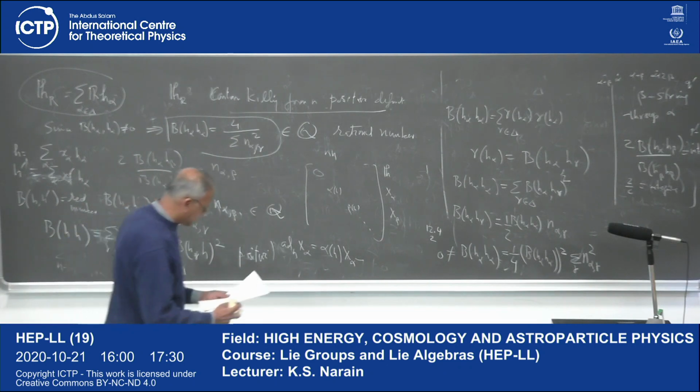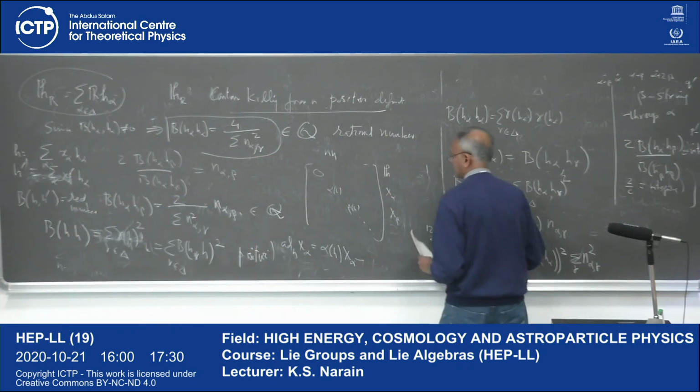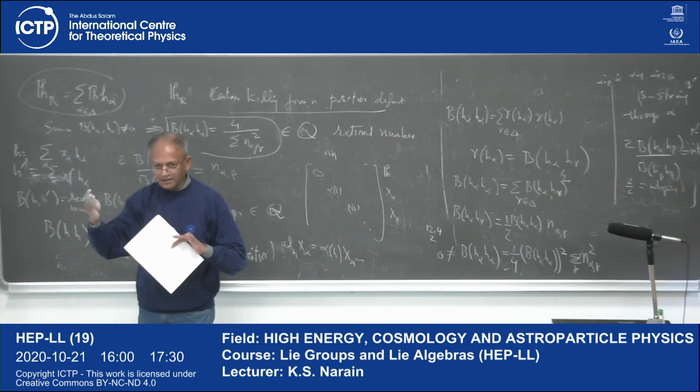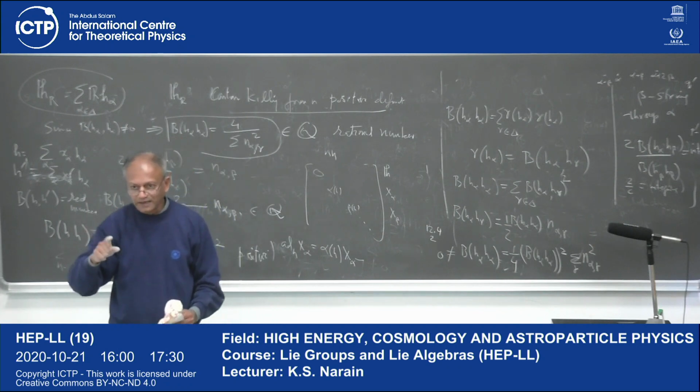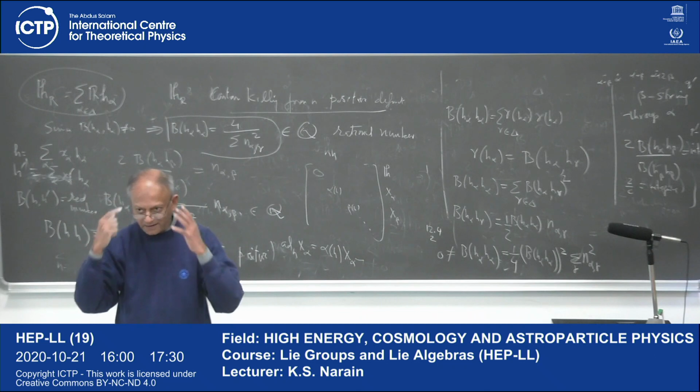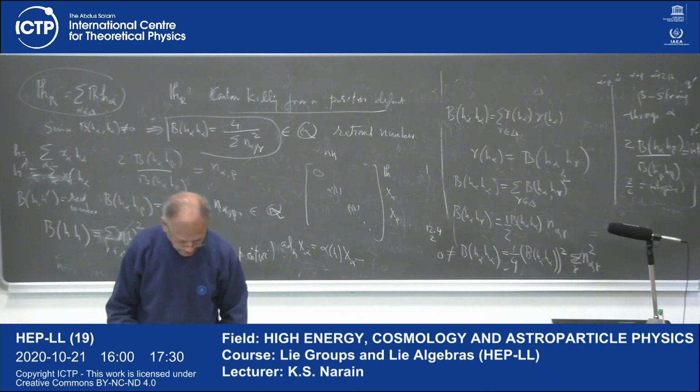Okay, so now let's go back to this. This is very important because now we'll be able to geometrically visualize it. Just like what we were doing for SU(3), where we were drawing these roots, now we can think in that language.